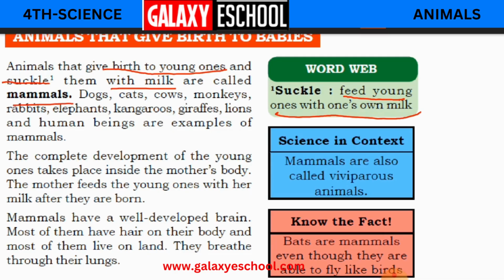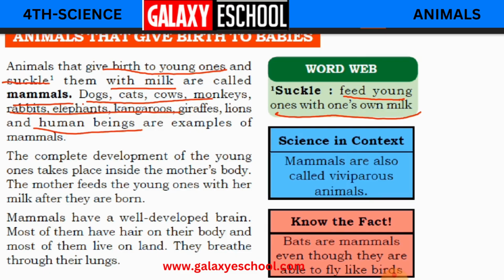Dogs, cats, cows, monkeys, rabbits, elephants, kangaroos, giraffes, lions and human beings are examples of mammals. See here, these are all mammals, including us. We are all mammals because these animals directly give birth to the young ones and feed them with their own milk.